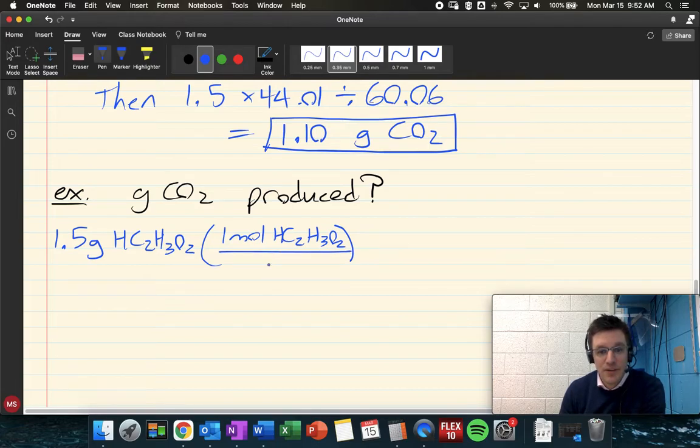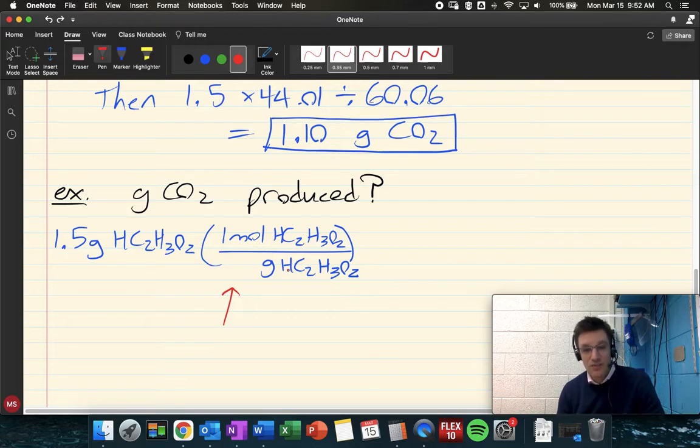And then the number that I got on the bottom, that comes from the periodic table. Okay? How many grams of acetic acid are there in 1 mole of acetic acid? Well, that's a molar mass. How many grams are in a mole? That's a molar mass, the periodic table mass.